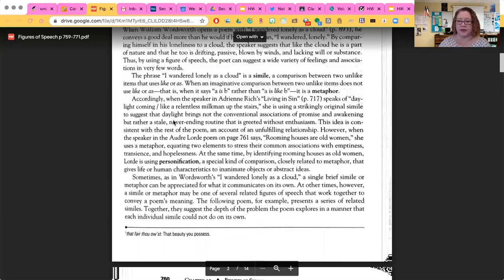So an example of personification is a metaphor. It's just that one half of the metaphor is already explained to be a person. So you cannot compare two people together and call it personification. It has to be something that doesn't have human qualities being compared to a person.